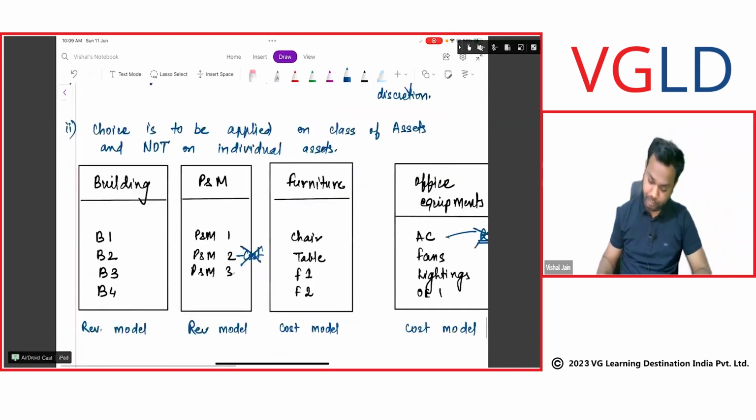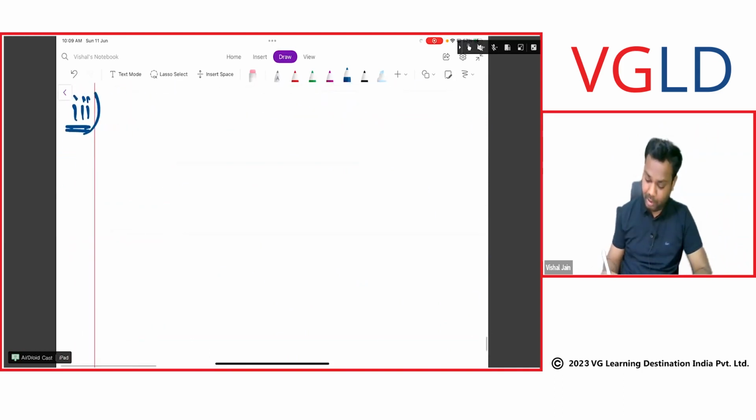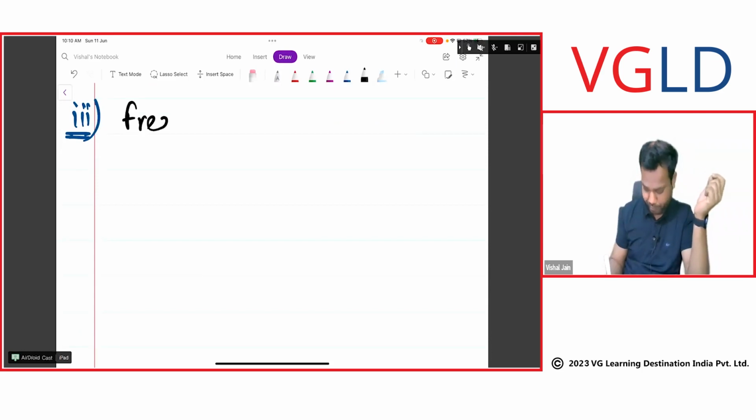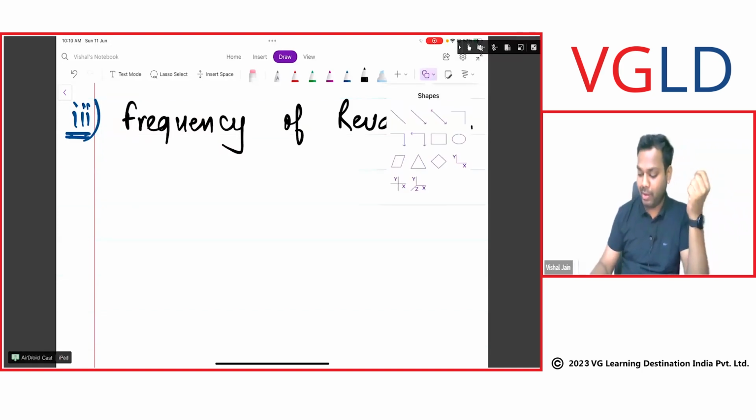Now, point number 3: frequency of revaluation. How soon shall we revalue the asset?